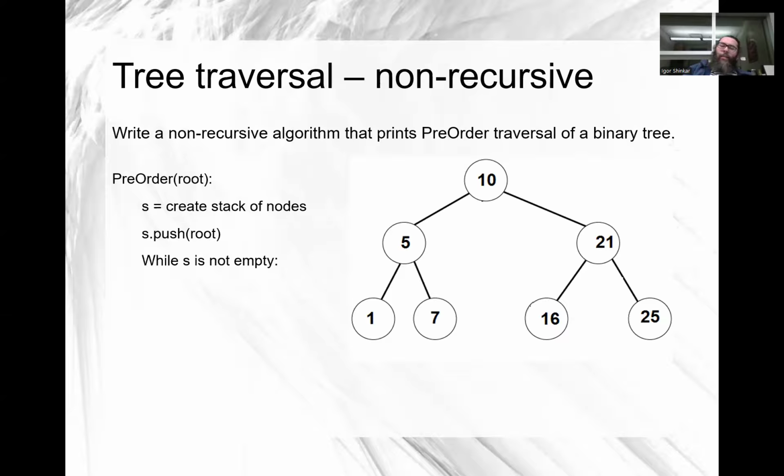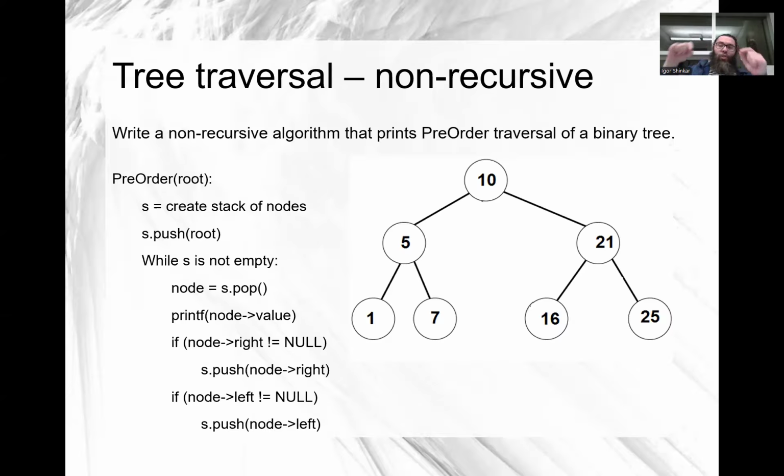And then as long as the stack is not empty, take a node from the stack, print it, and push its two children onto the stack. So process the node: take a node from the stack, process it, namely print, and then add the two children. Now what you need to do is process the children. Your vertex has already been printed. Now you add to your to-do list the children of this vertex. This is what you need to print now.